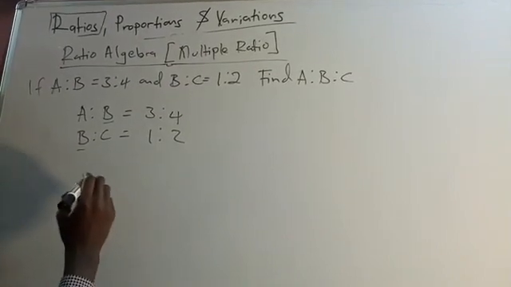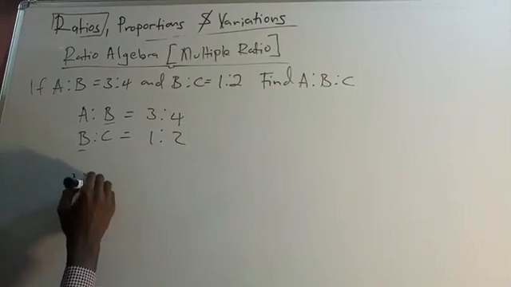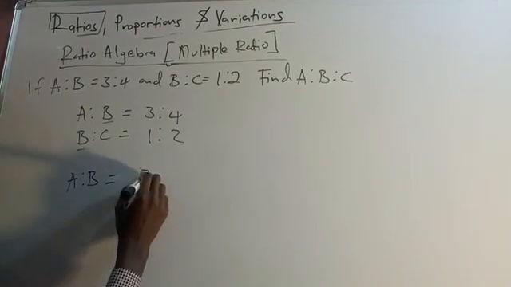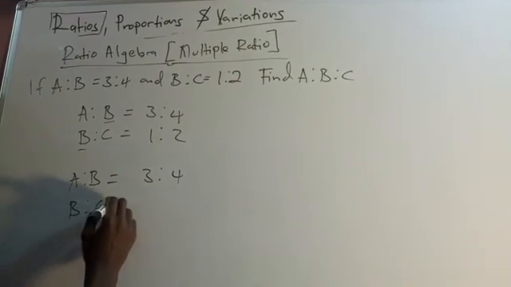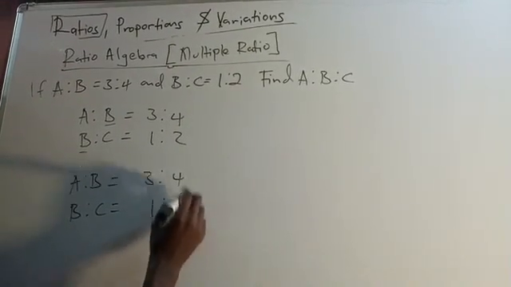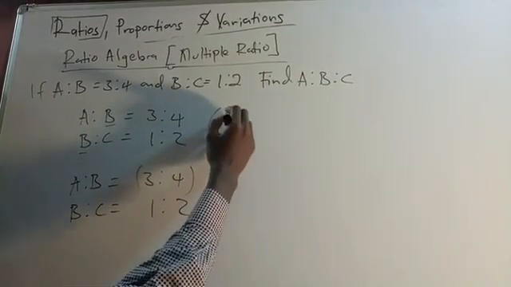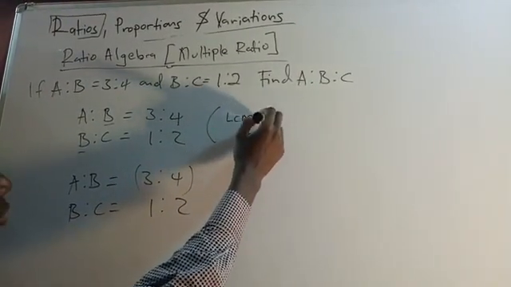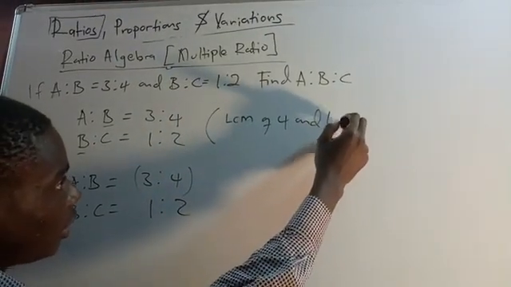So A to B is 3 to 4 and B to C is 1 to 2. So in order, let me see, LCM of 4 and 1 is 4.